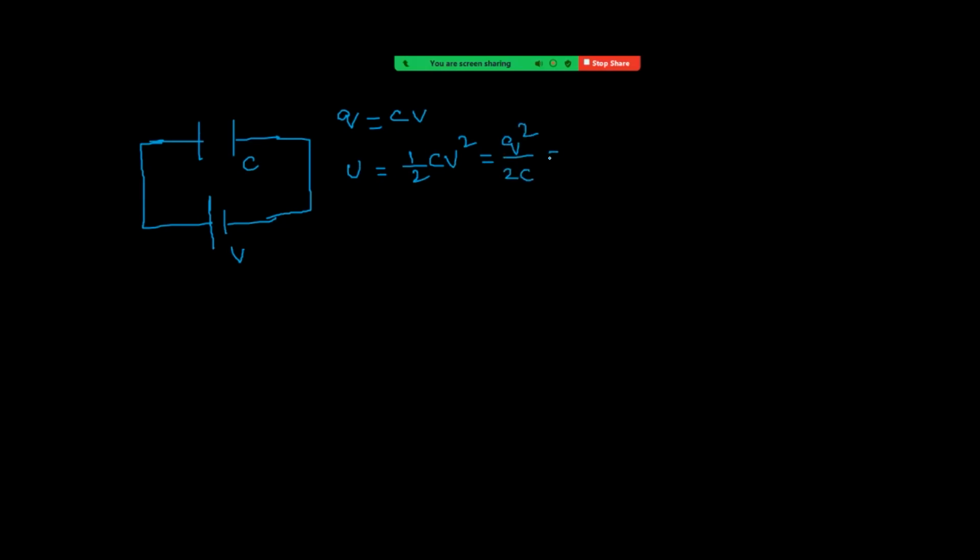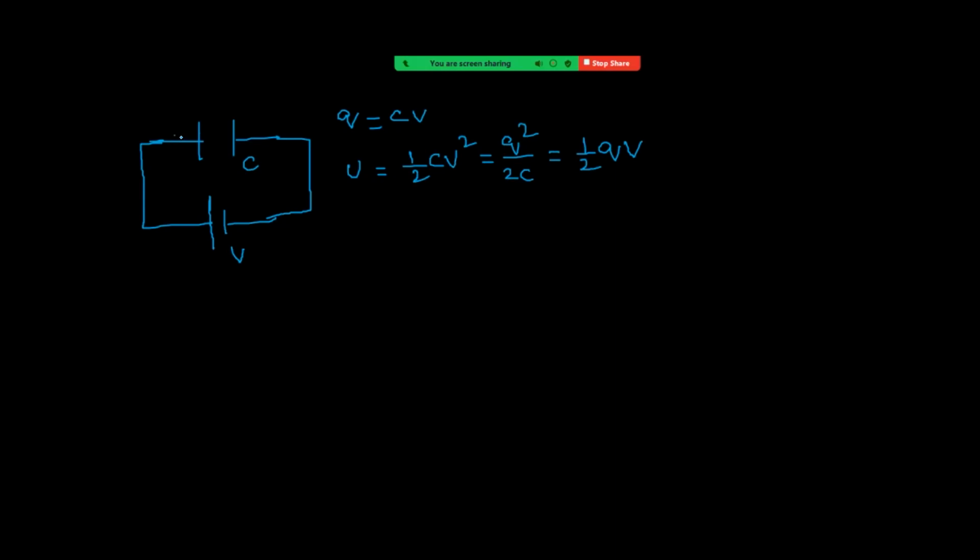This is V and this is capacitance C. Charge Q equal to C into V. Energy stored is equal to half CV square or Q square by 2C, or it is equal to half into Q into V, right? Now see carefully.